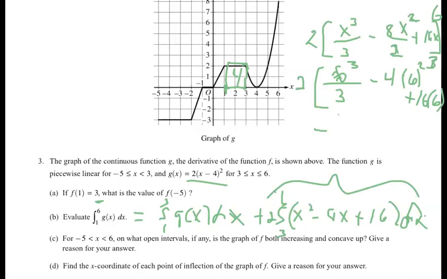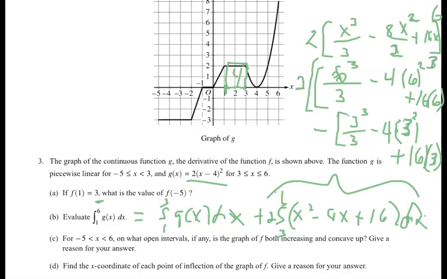So it's going to be minus 3 cubed over 3 minus 4 times 3 squared, it's supposed to be a 3 squared, and then plus 16 times 3.